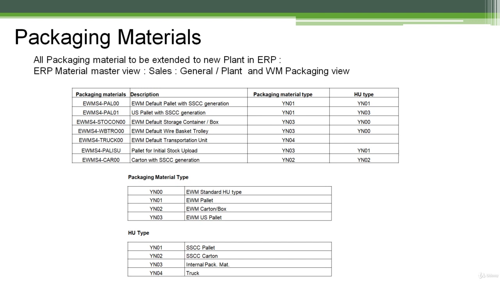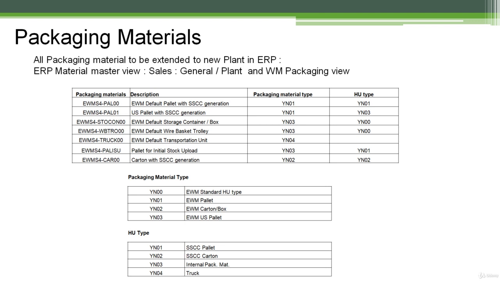Some of them are YN01 pallets, some of them are YN03 pallets. The only difference is that YN01 is an SSCC pallet, and YN03 are the regular handling units without SSCC number generation. We will create all these packaging materials in our new warehouse WH23.